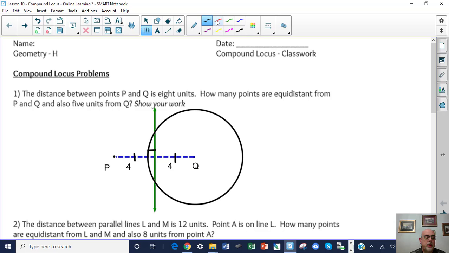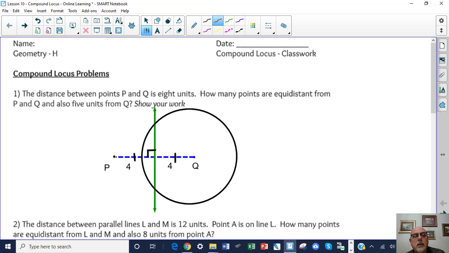And what you wind up with is 2 points of intersection, one here and one here. So the answer to the question is there are 2 points that satisfy both criteria.